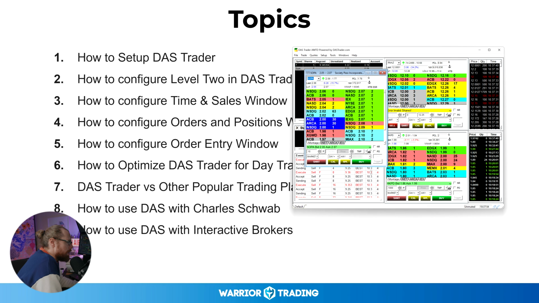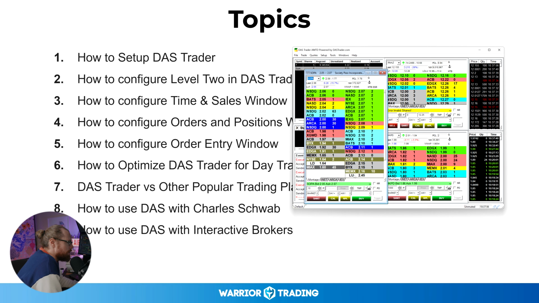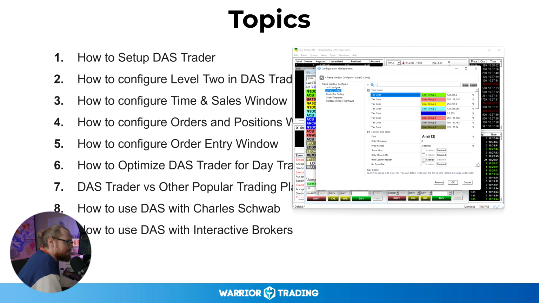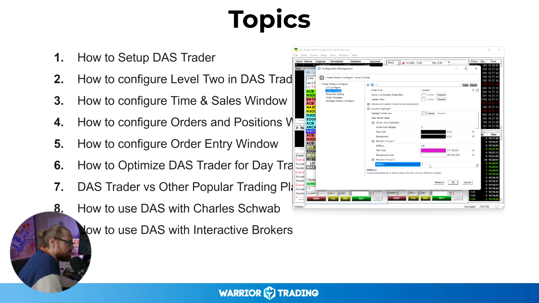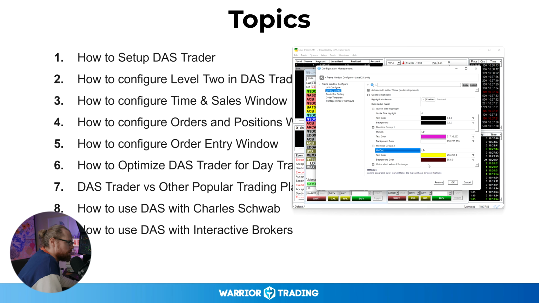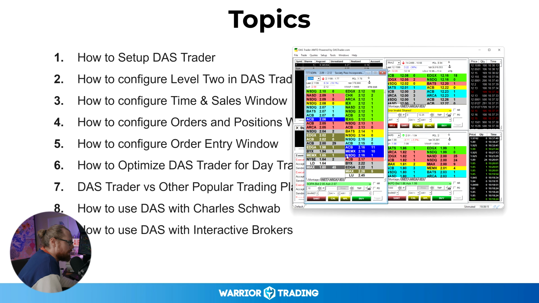So let me just scroll down. What is it called? Oh, it's LU. See, it's LULD. What I want to do is highlight just those two. You can see them down there. Those are the limit up, limit down levels. So LU, and then we might have to do LD. So we'll just see if this will take.